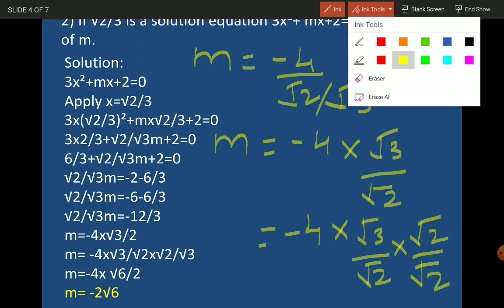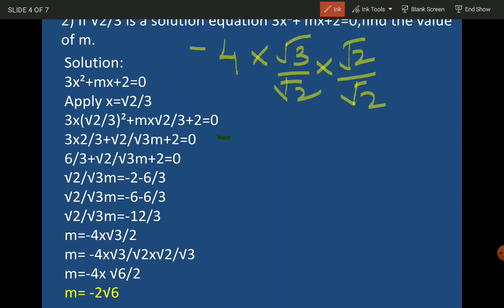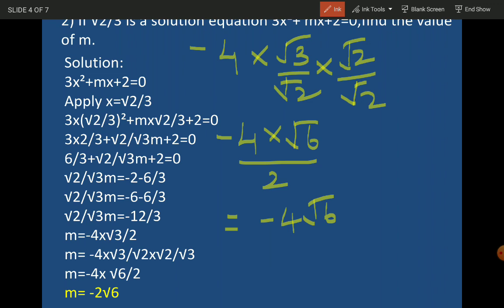So minus 4 into 3 2s are 6, root 6 by root 2 into root 2, 2, equal to minus 4 root 6 by 2.